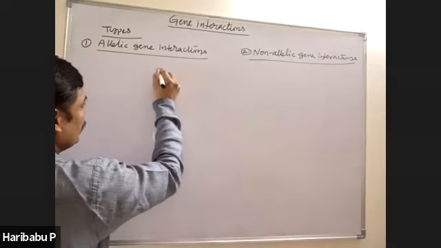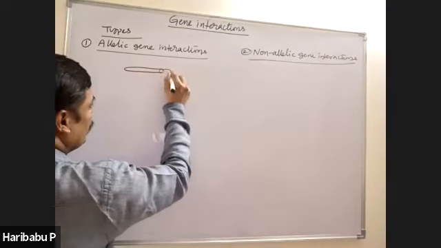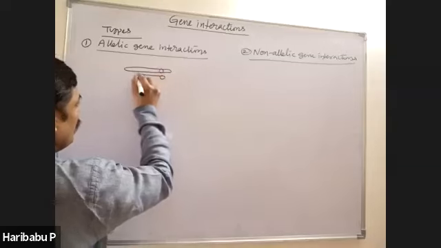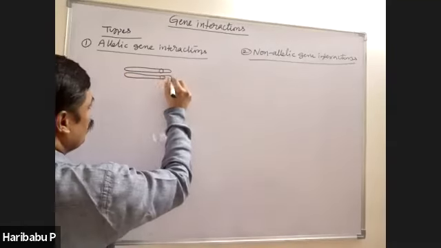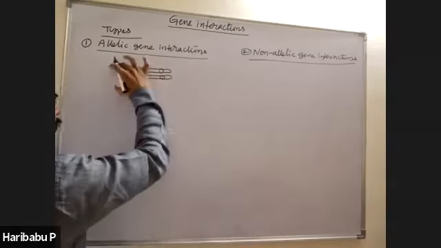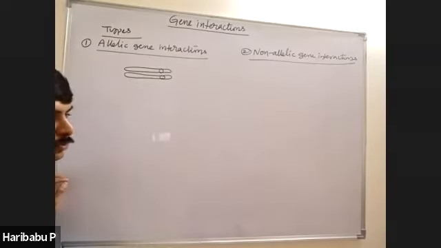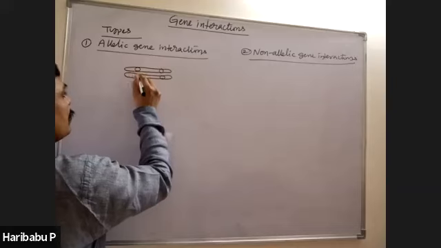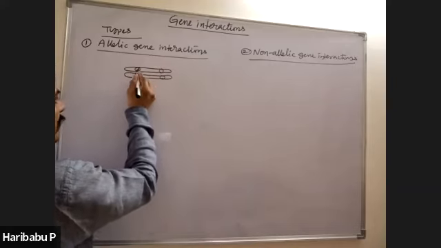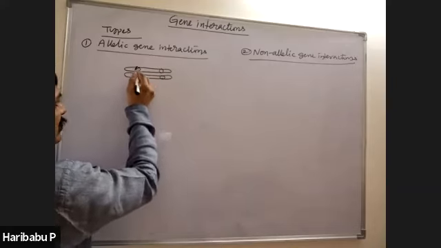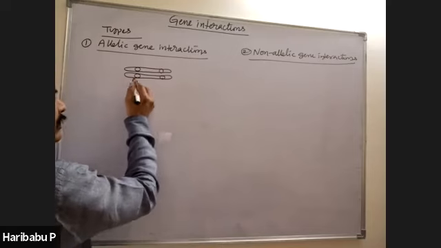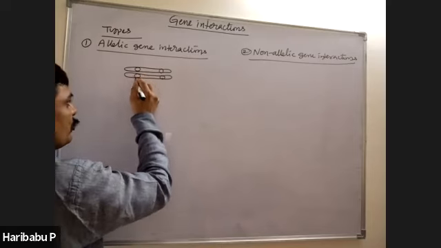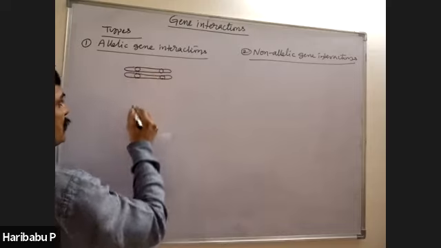Here, see, this is one homologous chromosome and this is another homologous chromosome, or you can say this is one pair of homologous chromosomes. Here, this is the locus, the same locus, because the same alleles are there. That means this is one gene having two alternate forms, at the same locus.